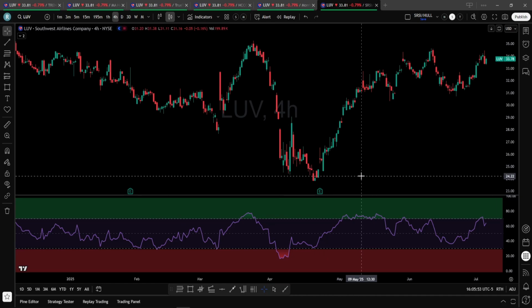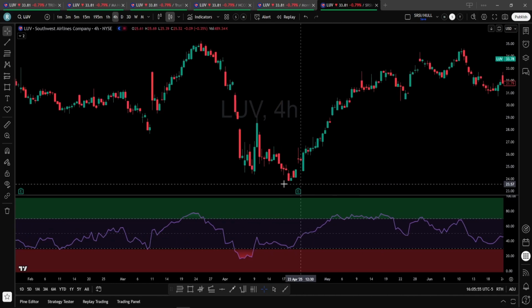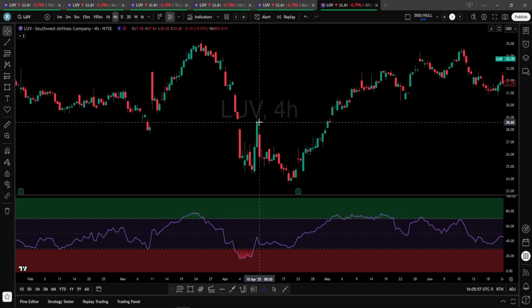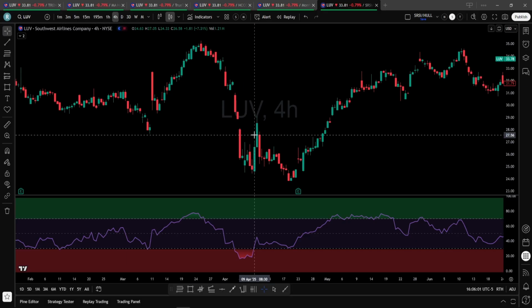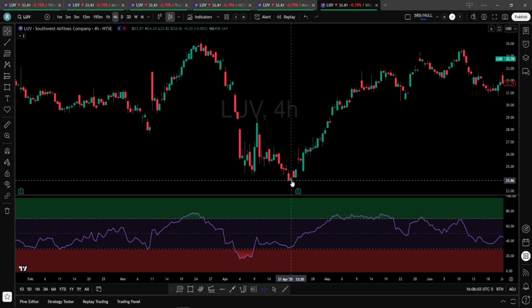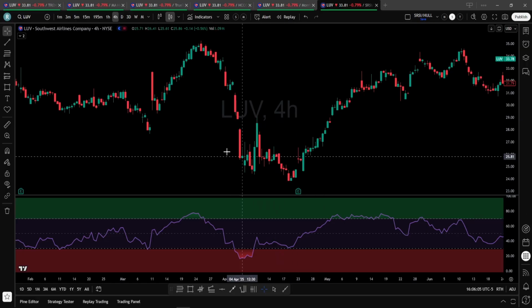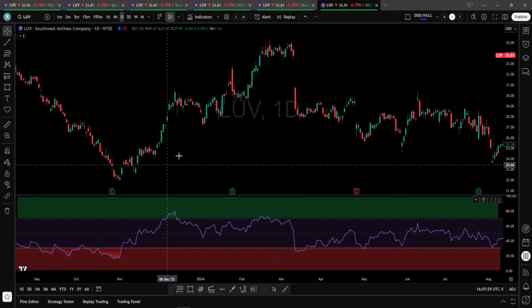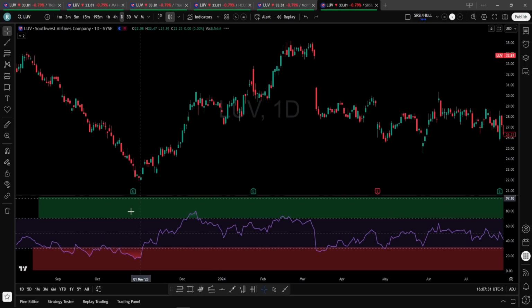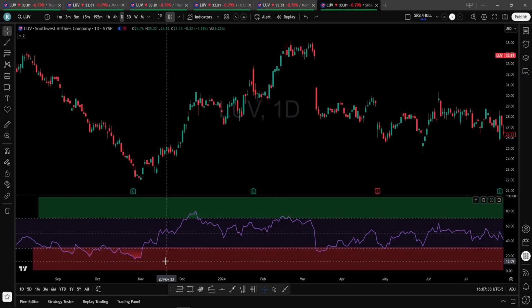Now in this particular case, that was short-lived. It had a big move in 2 days, or should I say 8 hours, but then moved a little bit lower before continuing on.